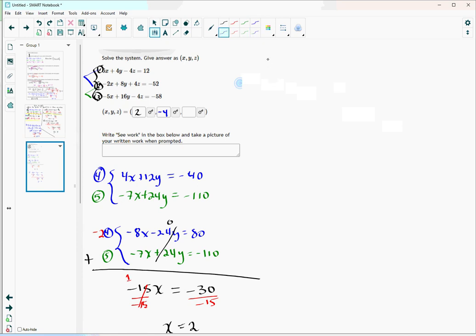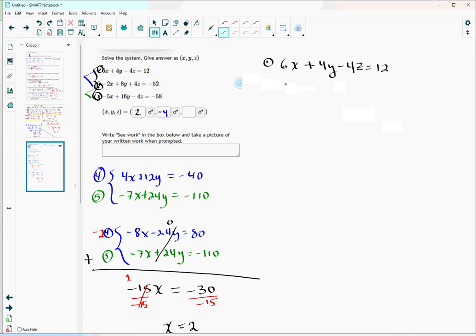So I'll go ahead and just write equation 1, which is 6x plus 4y minus 4z equals 12.